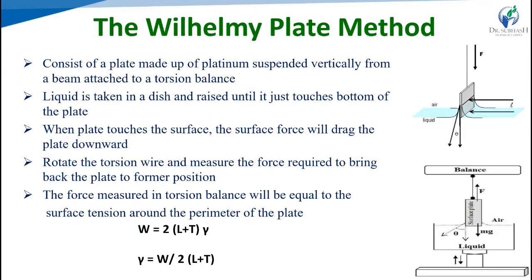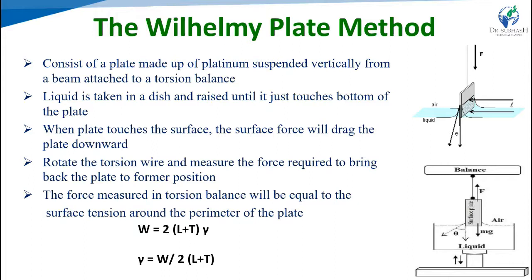And the last one is the Wilhelmy plate method. What happens in this method? The liquid whose surface tension we have to measure is put into a container or beaker, and a rectangular plate, made of glass, platinum or mica, is suspended vertically.